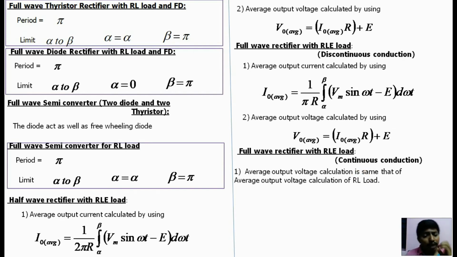So we can easily find the average output voltage by using the formula of average output voltage for RL load. RL load means for full wave rectifier, period is equal to pi. If it is a diode rectifier, alpha is equal to 0, thyristor rectifier means alpha is equal to alpha. For continuous conduction, beta will be pi plus alpha.